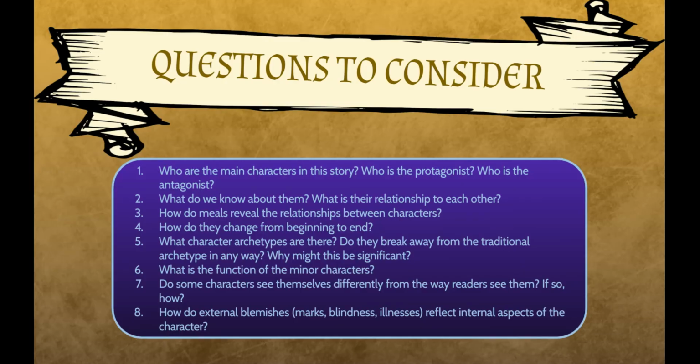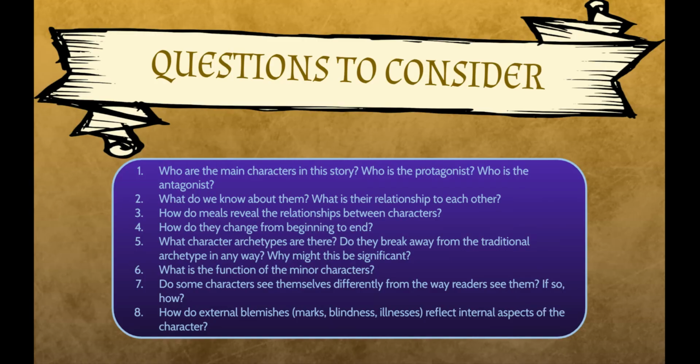So some questions that we might look at, looking at the main characters: who's the protagonist, who's the antagonist, what do we know about them, how do they relate to each other? If we get a meal, how does that meal reveal the relationships between those characters? How does a character change from beginning to end? Are they the same way that they were when we first met them?